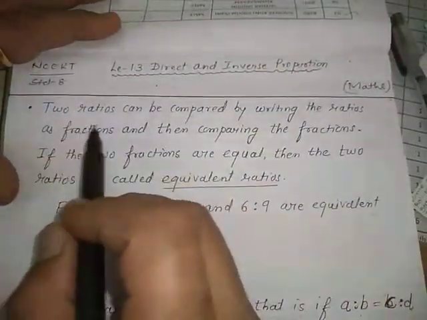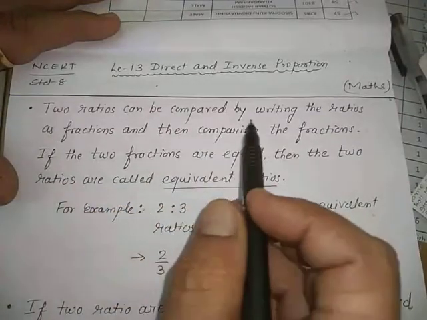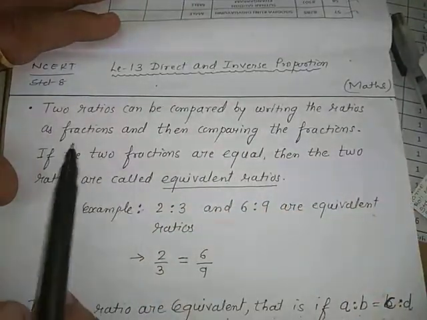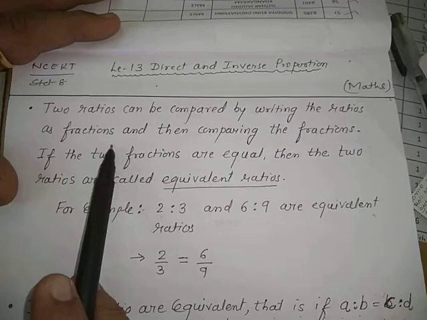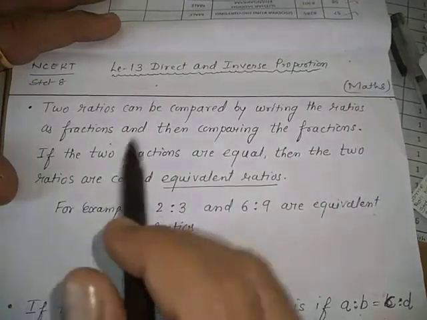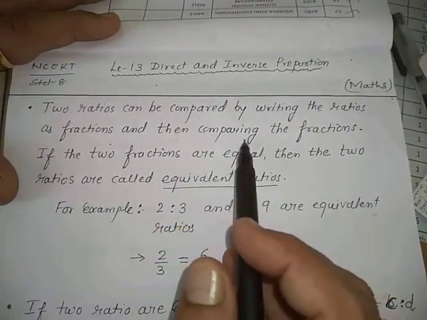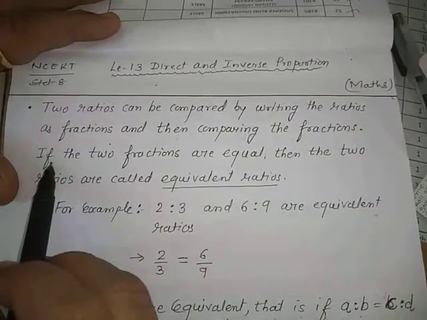Okay, now we proceed to the next part, that is, two ratios can be compared by writing the ratios as fractions. When we write in fraction form, we then compare the fractions.